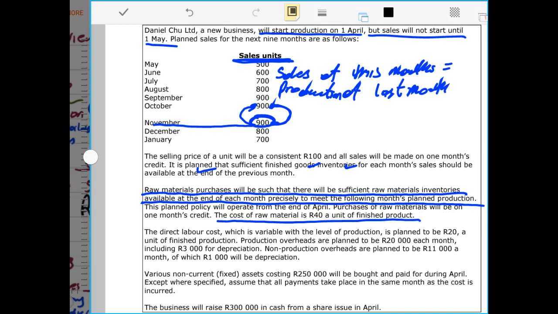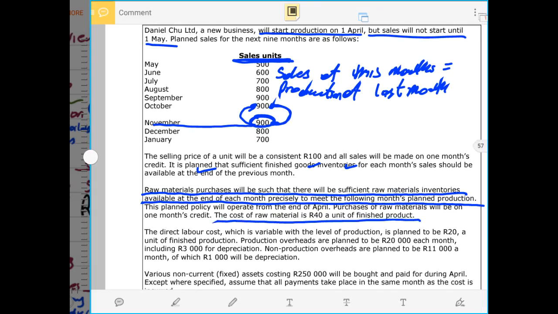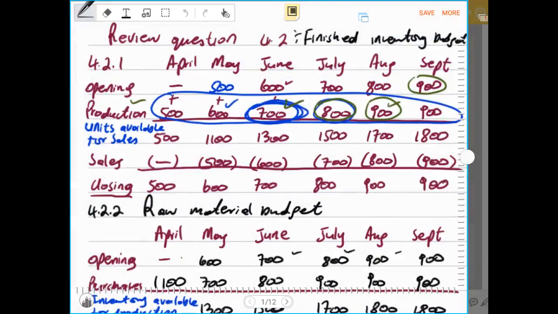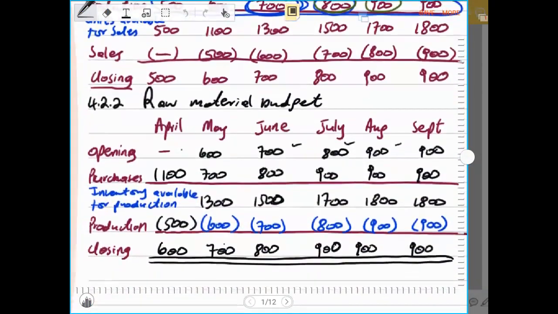So now we are doing the same thing. We just multiply our units. Then after we multiply our units, that will give us the raw material in value. So now raw material in value, we multiply everything by 40. So in other words, we have to come to our raw material budget.